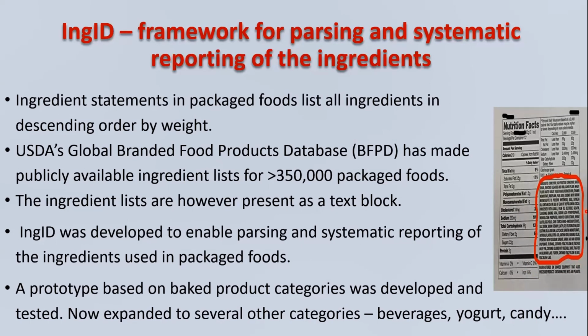So IngID was developed to enable parsing of this text block into individual ingredients and its systematic reporting. A prototype based on baked product categories was developed and tested, and now it has been expanded to several categories such as beverages, yogurt, candy, etc.